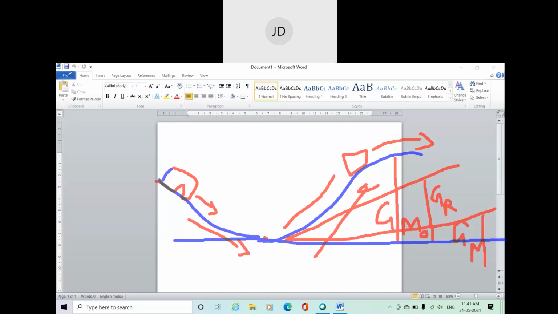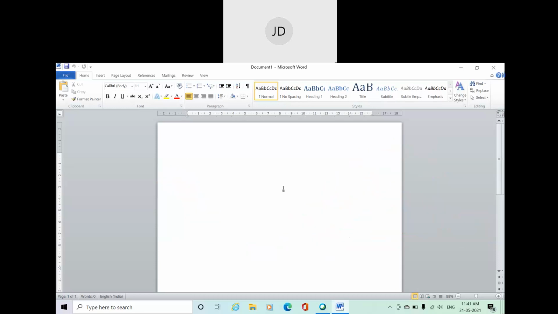Clear, right? So after this, next we have the fourth one, pusher gradient, or sometimes it is also known as helper gradient. From the name itself, it is understandable that you need some external force which pushes the train in the upward direction. So I again draw the drawing.